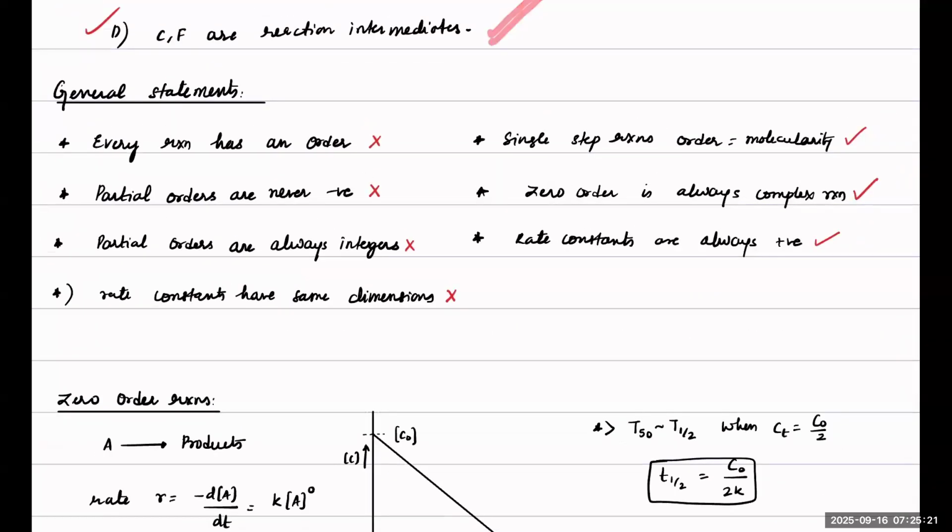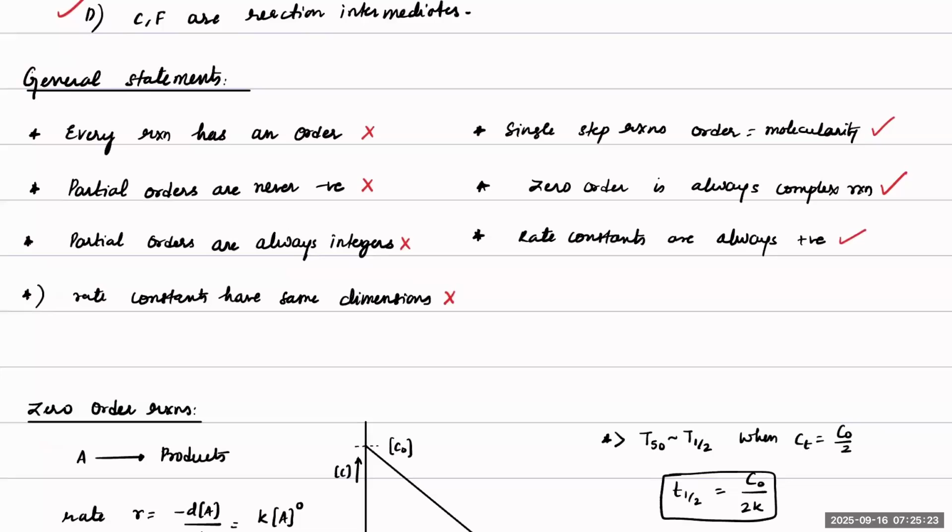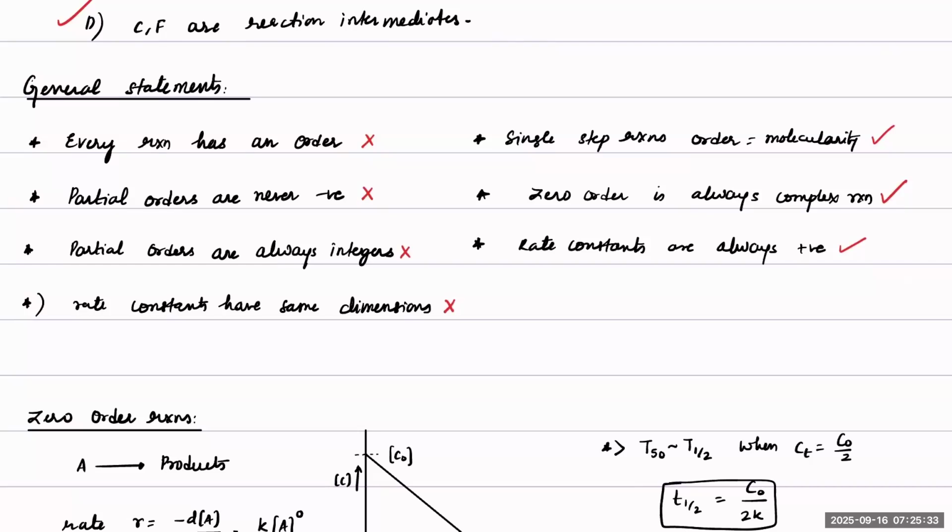Okay. What are the general statements we need to know? Every reaction has an order. Is it correct? Every reaction has an order. See, when we are saying every reaction has an order, that is not necessary. Got it? Okay. Next, partial orders are never negative.